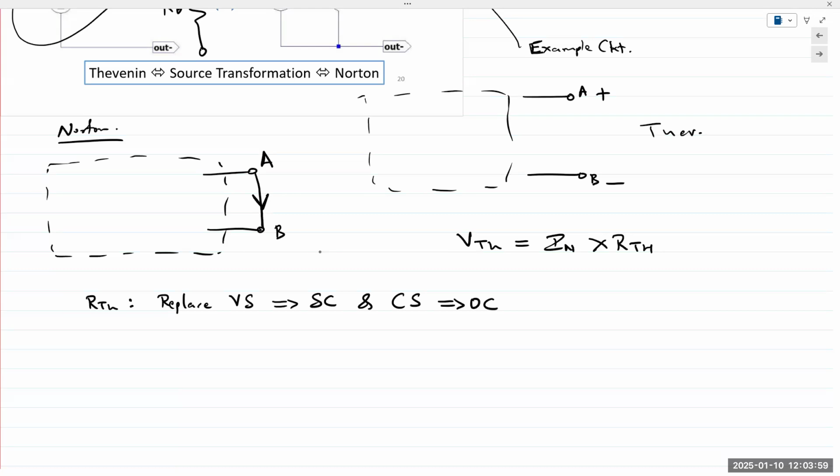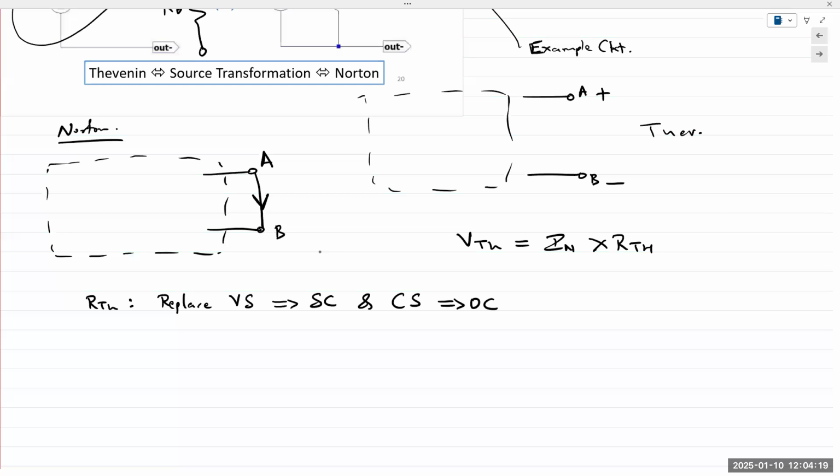So if you have any two quantities, you can find the third. So you can find RTH by VTH divided by IN. But if you make an error somewhere in your calculations and you have an incorrect value of V or I, then your R is also incorrect. So as a working professional engineer, you never want to do that.